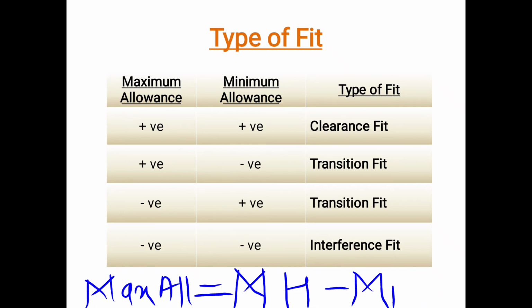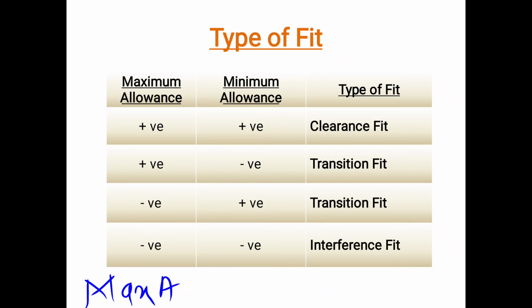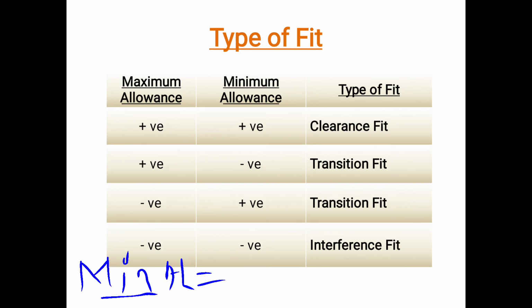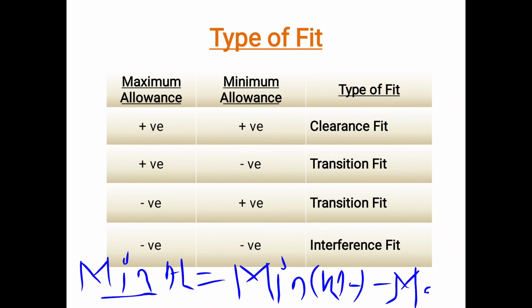Now you can tell me, what is the formula for minimum allowance? Minimum allowance is equal to minimum limit of hole minus the opposite, maximum limit of shaft.